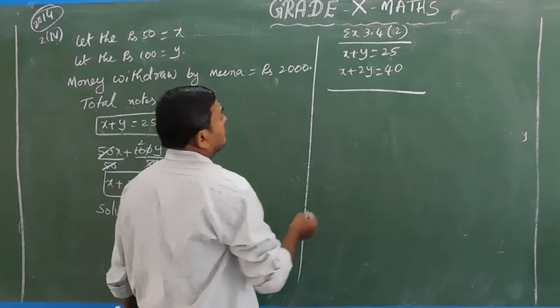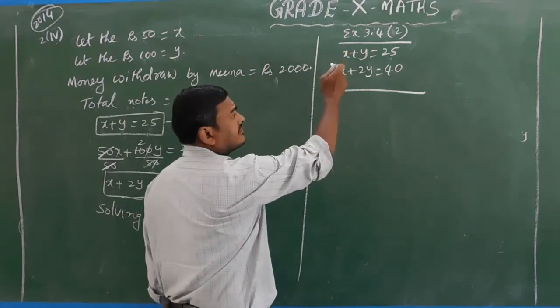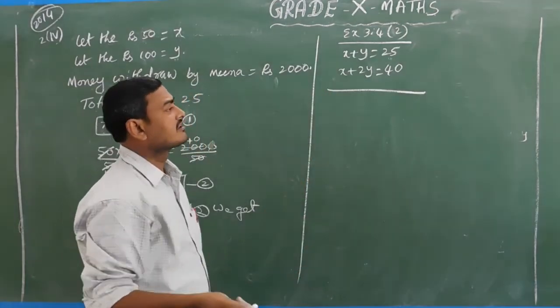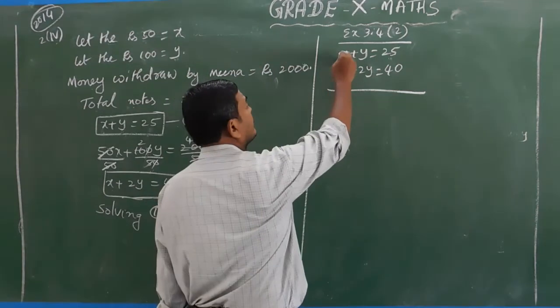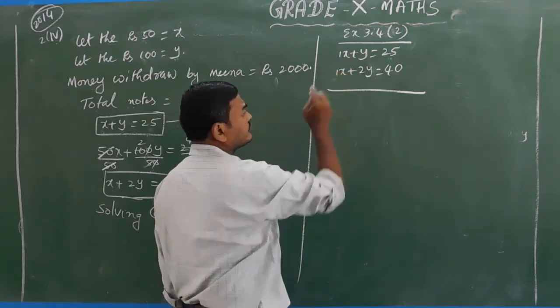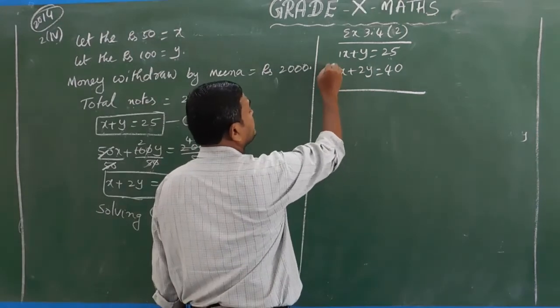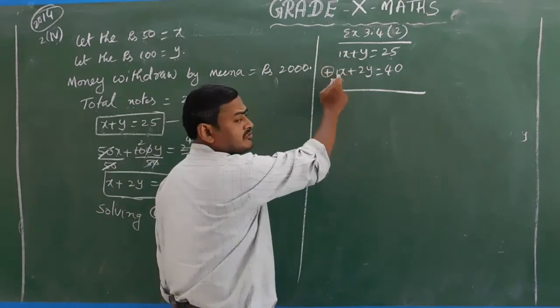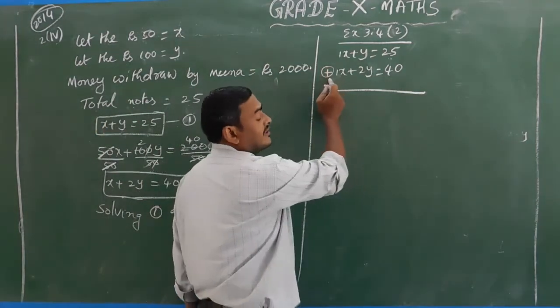Before solving, we decide whether to use the substitution method, cross multiplication, or elimination method. Here the coefficient of x is 1 in both equations. Same sign with the same coefficient means we go for subtraction.